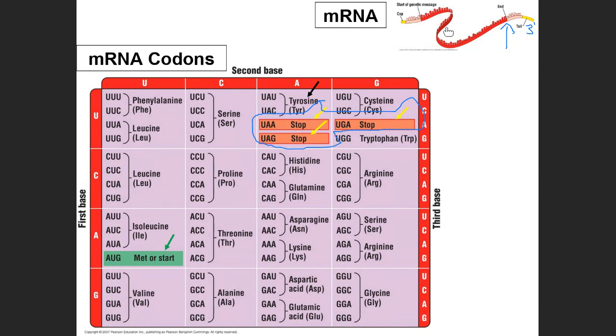When a ribosome is translating the genetic information in the form of codons in mRNA, it knows when to terminate translation when it reaches one of these stop codons. So again, you won't find all 3 stop codons in one molecule of mRNA. It'll either be just this one, or just this one.